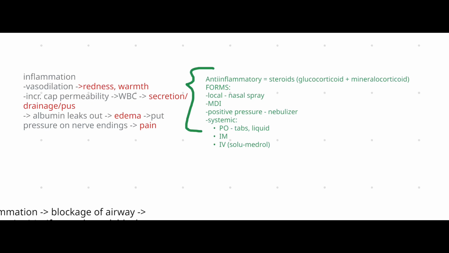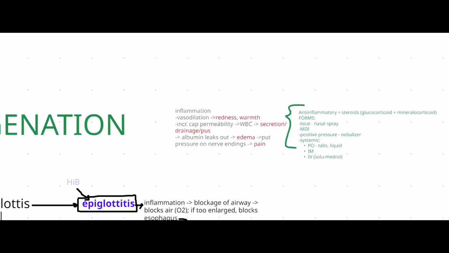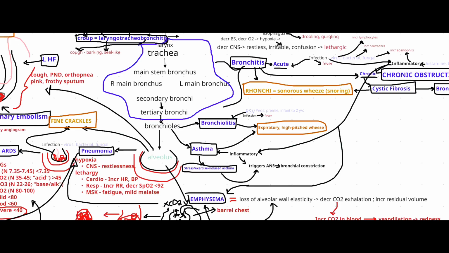So long term, you have patients who are taking steroids, for example, a patient who has asthma exacerbations all the time. Because this is inflammatory, we want to give an anti-inflammatory. Especially with kids, they could be on steroids for months, right?